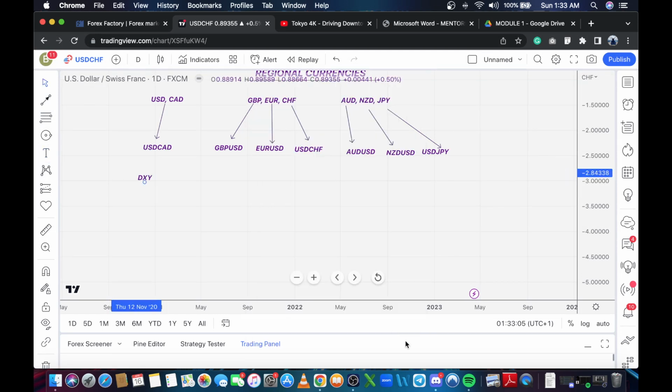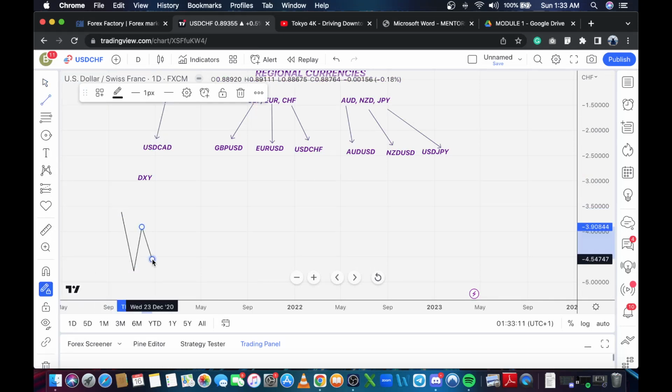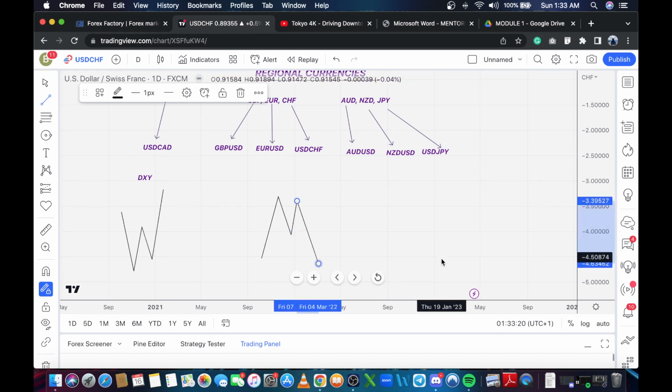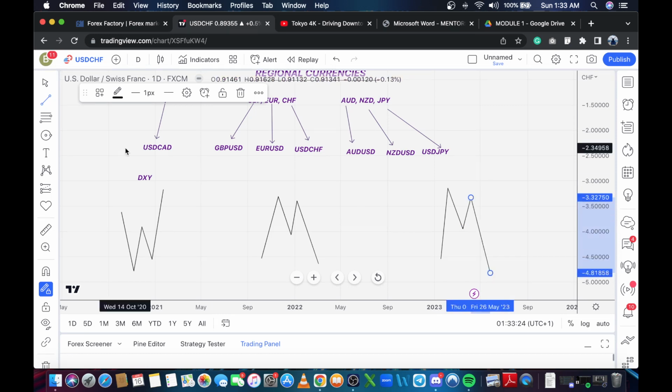Okay, so if dollar is doing something like this and dollar is making a higher low at a discount, then we want to see euro dollar make a lower high. We also want to see cable make a lower high and get in sync with dollar.